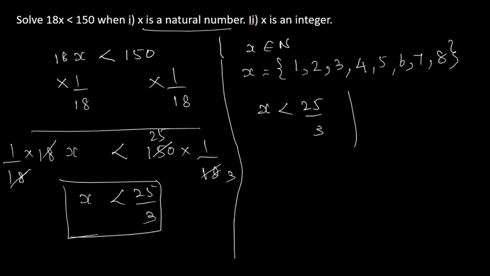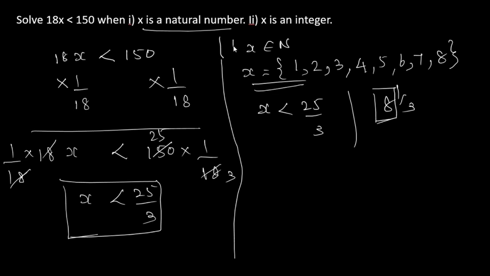So 8 3s are 24, and 1 by 3. But we need to consider only the natural number and no fraction. So we have to consider 8 alone. Up to 8 we can put, and that is the solution. You cannot put 9, because 25 by 3 cannot give more than 8 and 1 by 3, and we cannot put 1 by 3 also. So the correct answer is this one.